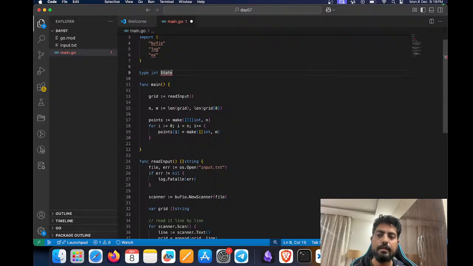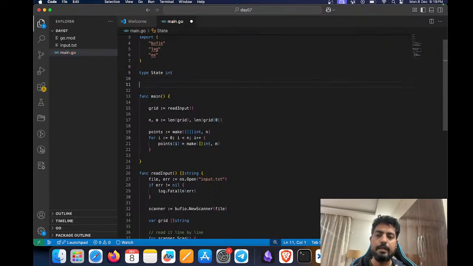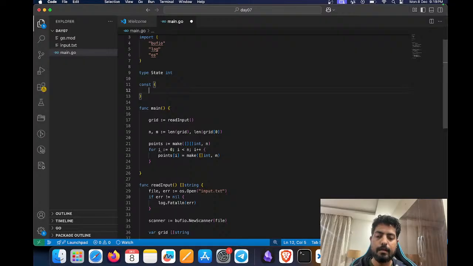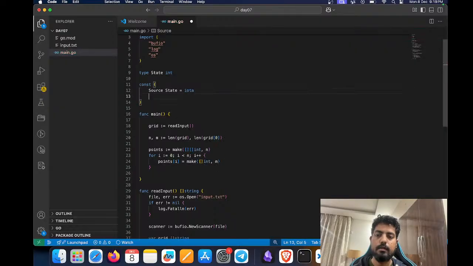Even state is not the correct word here, but I think it's good enough for our purpose. We have const, we have the source. So source will be defined as the state 0. And then we have empty, which is the dot we have.